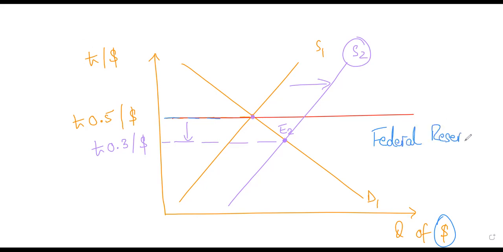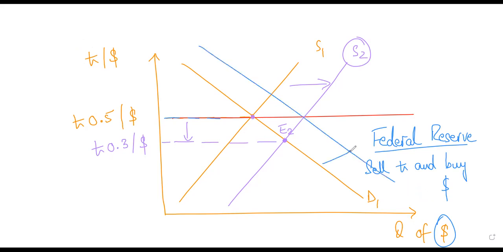So the Federal Reserve would sell the other currency, which is pounds in this case, and buy its own currency, dollars, so that the exchange rate improves. With that happening, the demand for dollars will increase. It will shift from D1 to D2, and the new exchange rate would be back where you wanted it to be. The exchange rate value will increase to the level where you wanted it to be.